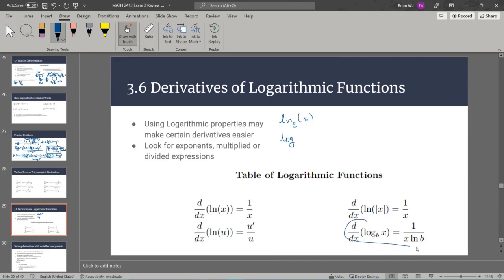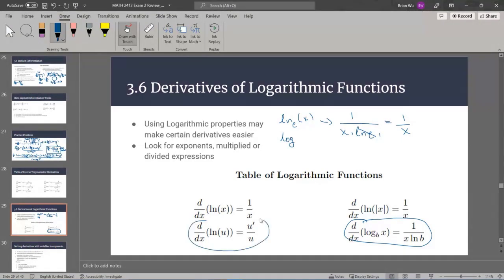And you'll see that the log of some base is equal to 1 over x times ln of the log base. That's how the natural log one is derived, because if you take the derivative of it, you get 1 over x times ln of e. And because ln e is 1, that cancels to be just 1 over x.